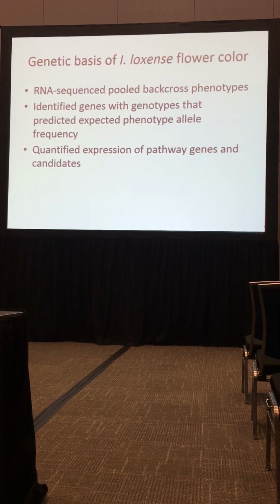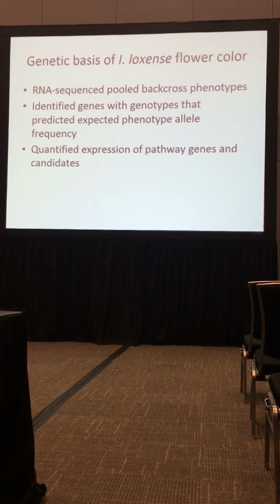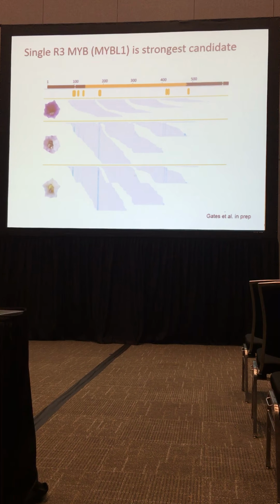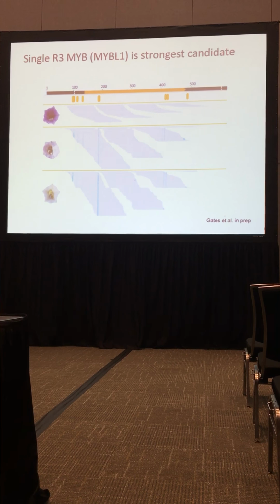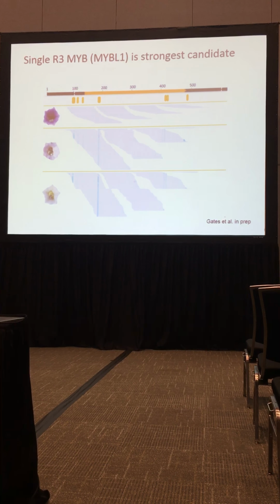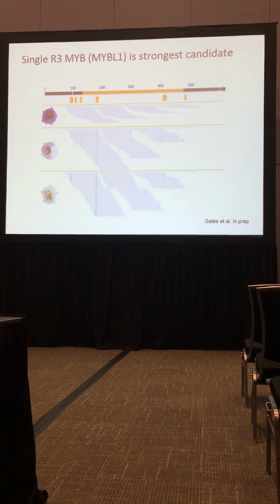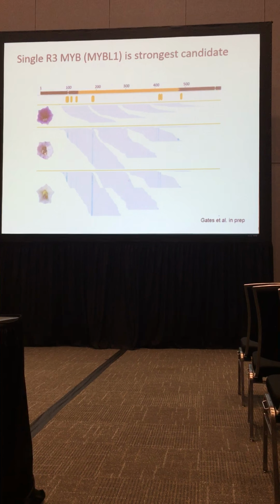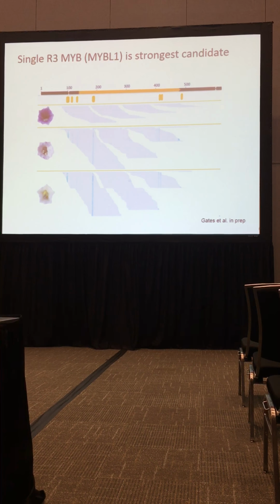We can start to quantify expression on that to understand more about the function of these types of genes. And so when we start to look for things that are predictive of phenotype, we find a single gene. It's an R3 MYB that ends up being our strongest candidate, and it predicts the phenotype almost perfectly.